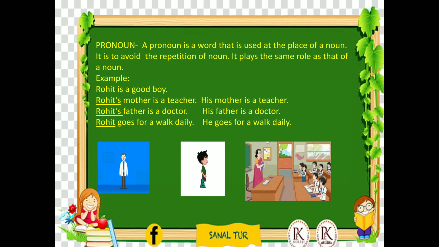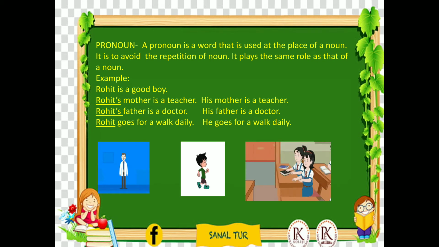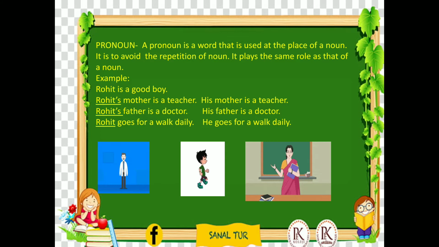His mother is a teacher. His father is a doctor. He goes for a walk daily. So, to avoid the repetition, we have used his and he at the place of noun Rohit.